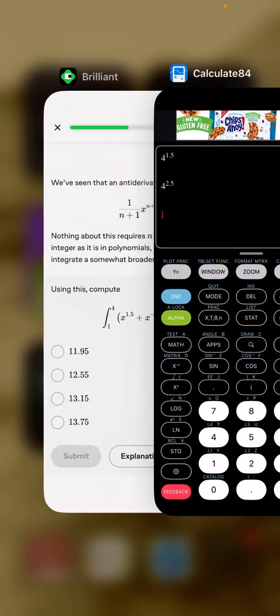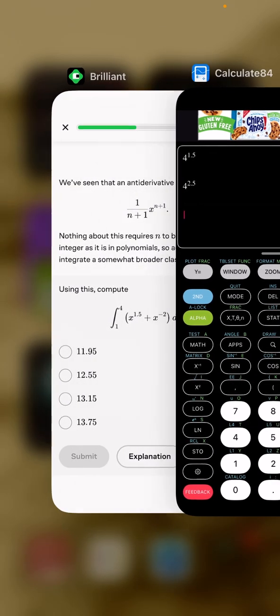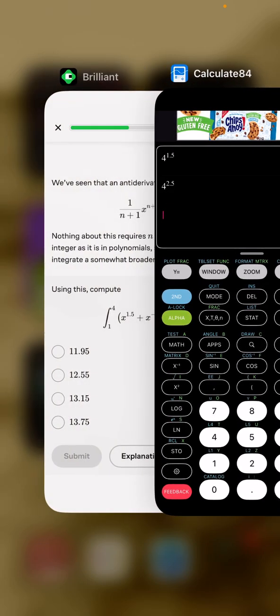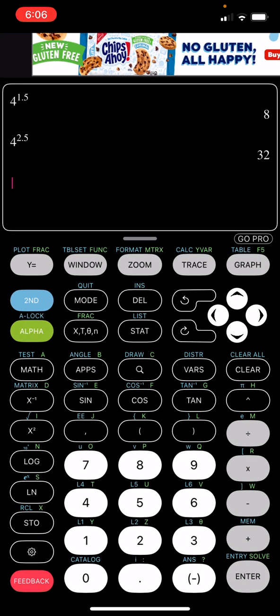Okay, I guess that will arguably work. So 4, 2.5, and 4 to the negative 2, which is a positive. Yeah, it is. 4 to the negative 3. Oops. 4 to the negative 3.